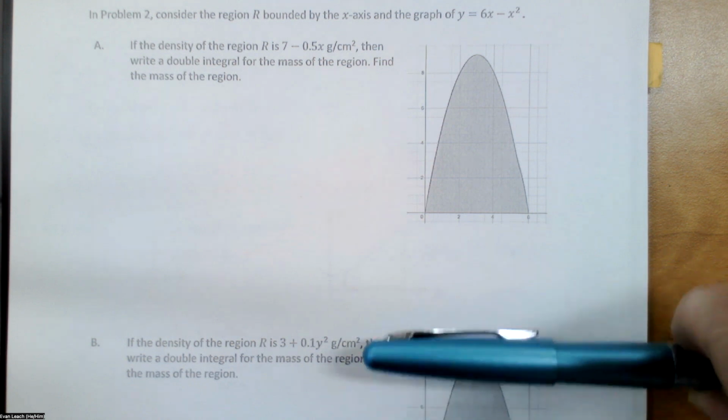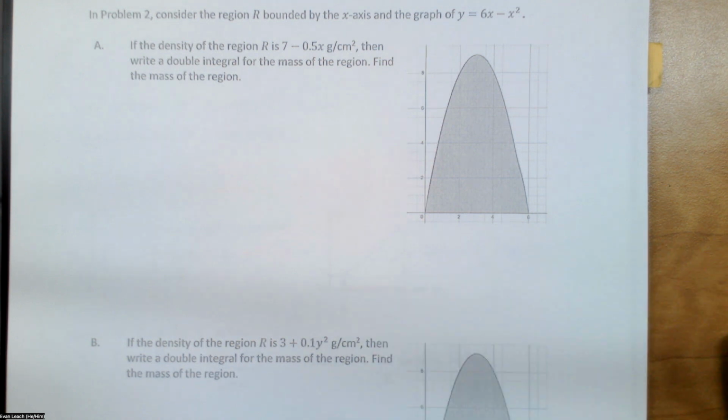So the density is varying this way. So what you want to do in each of these problems is write a double integral for the mass of the region. If you are feeling adventurous, you can write 2 double integrals for the mass of the region.